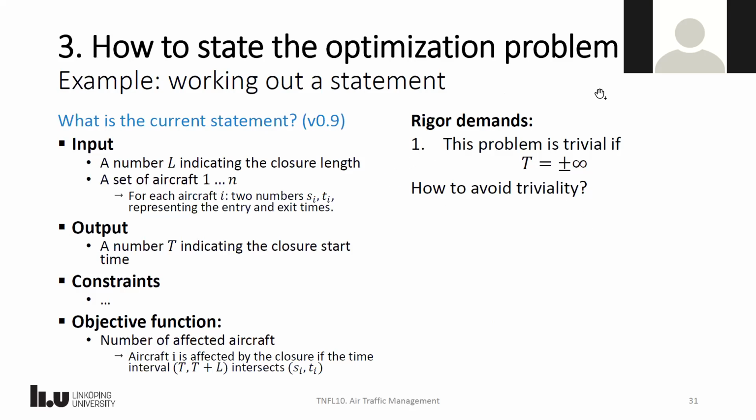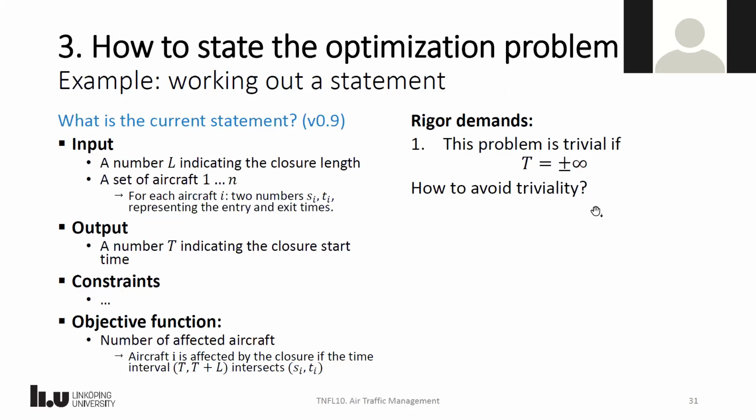So that's actually what makes this problem trivial. If you have an answer that is completely trivial, in the sense that it doesn't require any computations at all, any solutions, you don't want that.